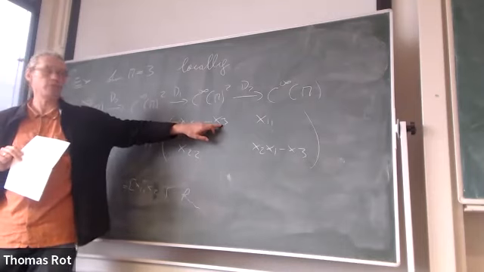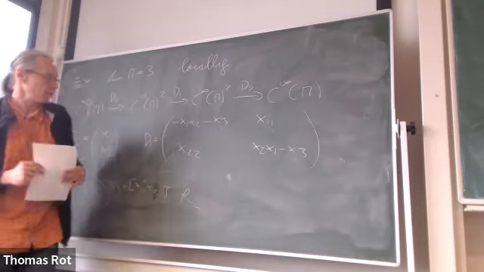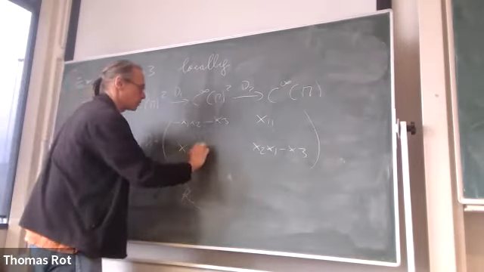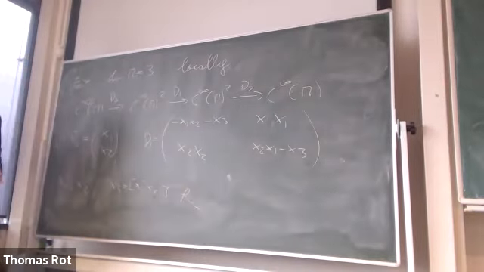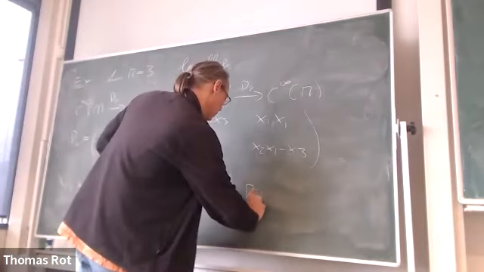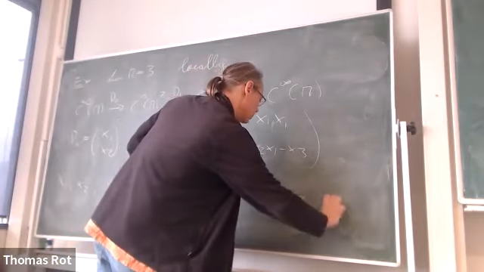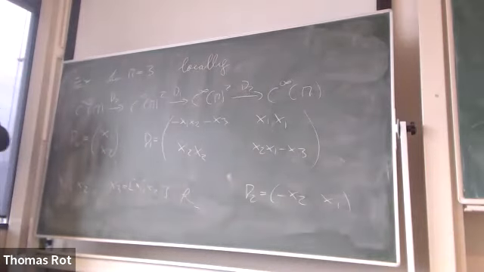Here you differentiate in the transverse direction. So that's what the operator looks like, and the operator B2 then is very simple. It's just minus, and so first order operator. So locally, that's what the Rumin differentials look like.